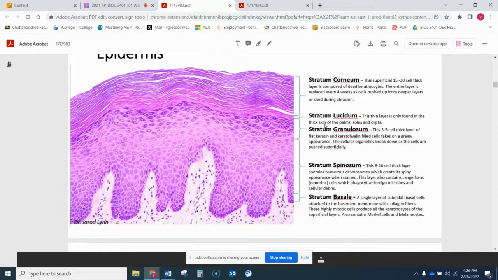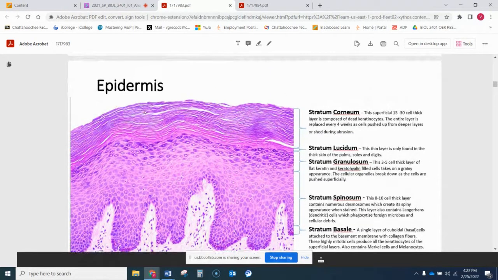It says this thin layer is only found in thick skin, and that's in the palms of your hands and the soles of your feet. So other than that, there is no stratum lucidum, right? So if you asked how many layers are there in the epidermis, 4 or 5. Are they asking you for thin skin? Then there's 4. But if they're asking you for thick skin, palms of the hands, soles of the feet, well, then there's 5 because stratum lucidum would be included there.